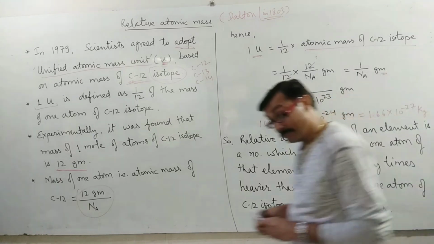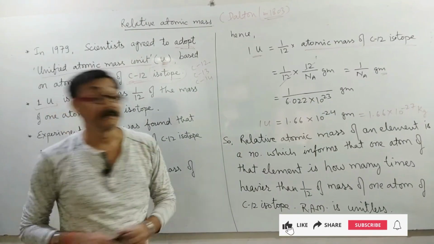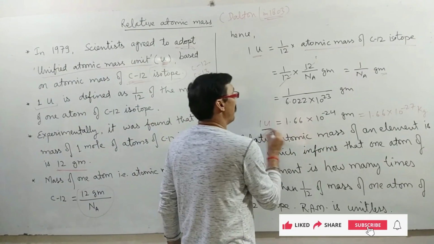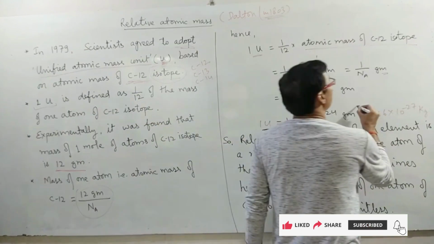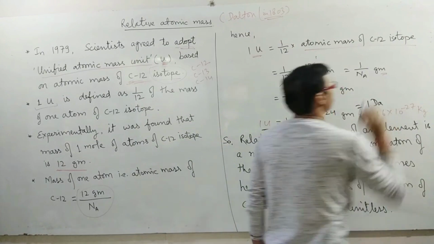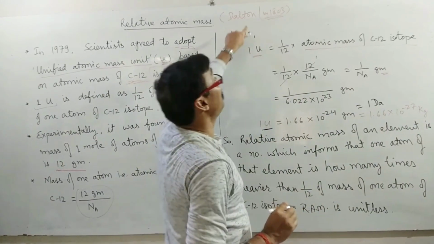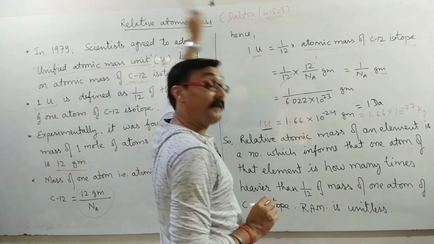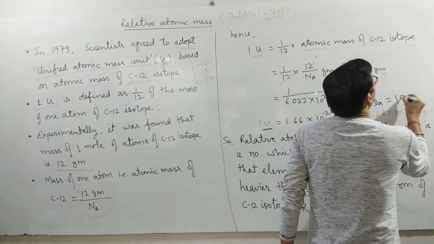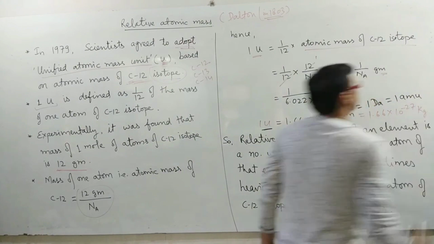And later on, the SI system agreed that 1U can also be called 1 Dalton, in respect of Dalton, because first of all Dalton determined relative atomic mass.